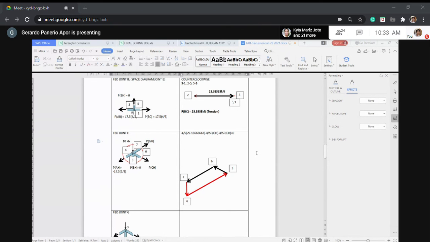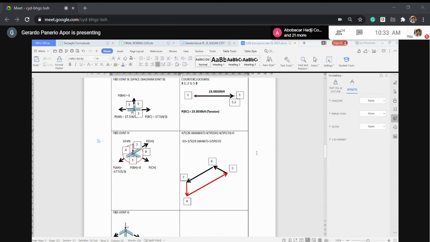So you have minus 10 plus 3 fifth of 29.16667 plus 3 fifth of PCS, because 3 to 6 here is PCS.